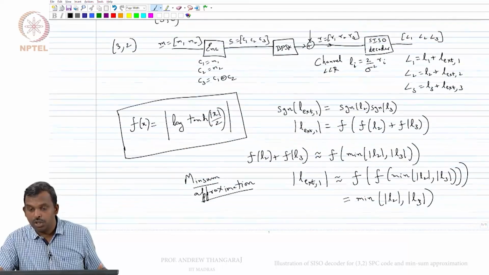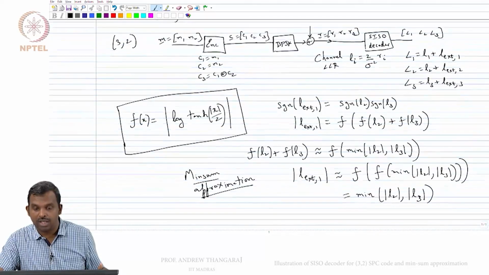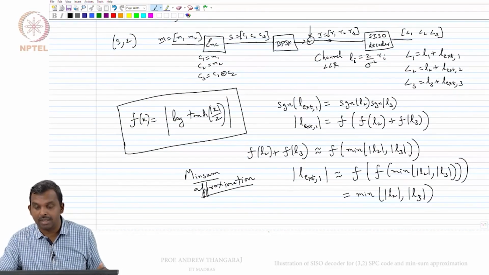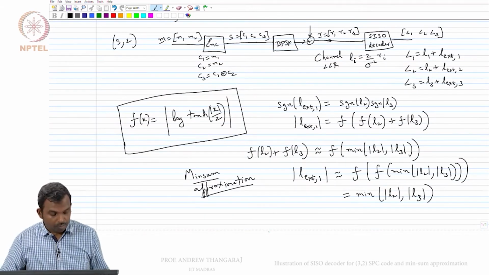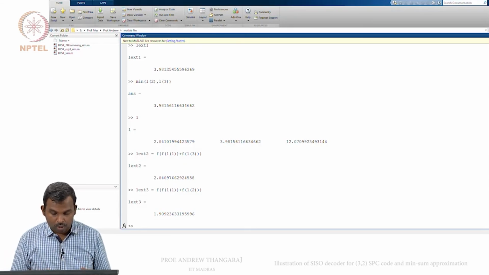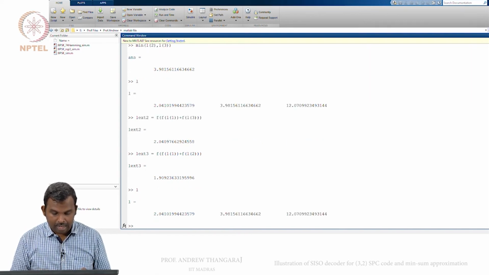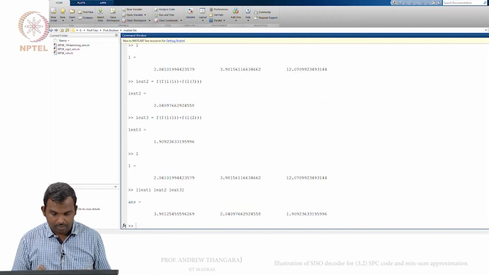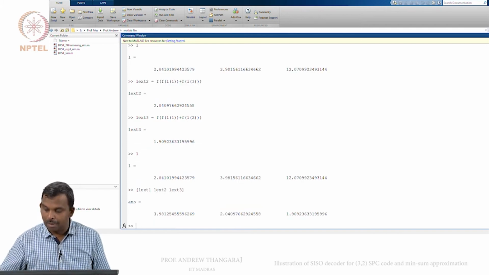Okay. So, I am going to show also maybe one more illustration for what happens when there is an error. Okay. So, overall, if you look at the value of L and Lx1, Lx2 and Lx3, you can see what has happened here.